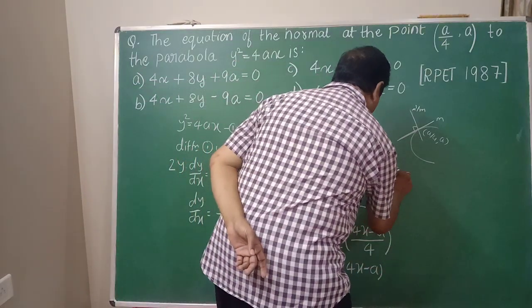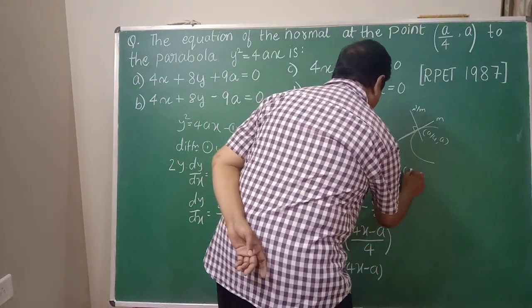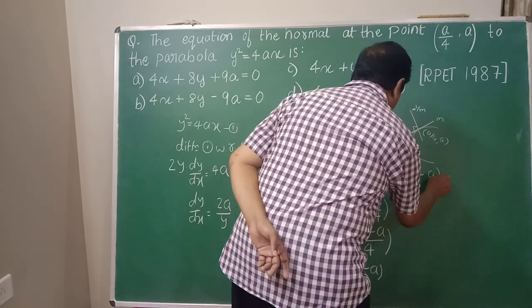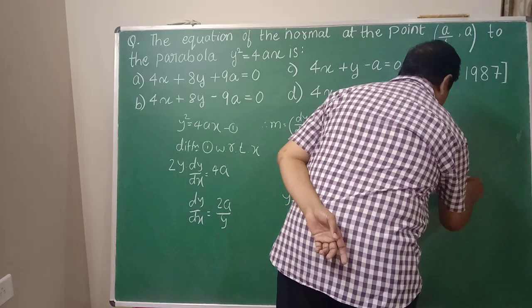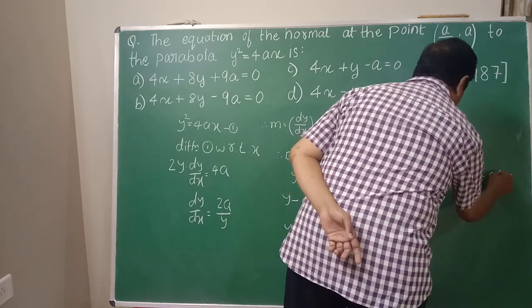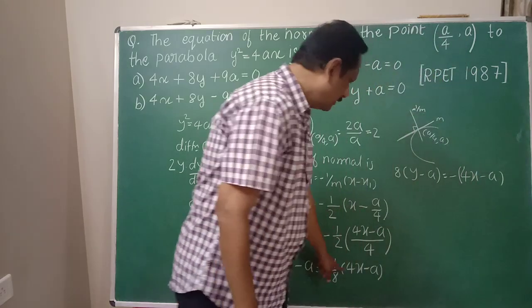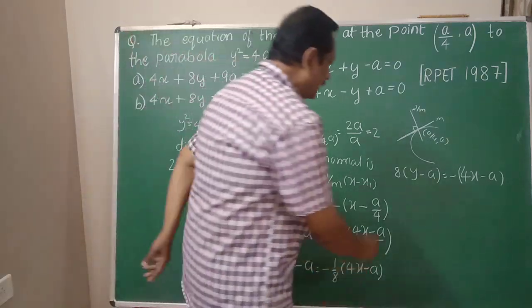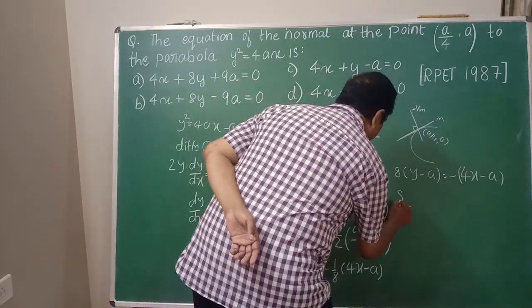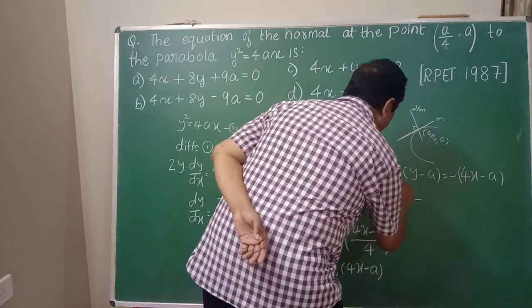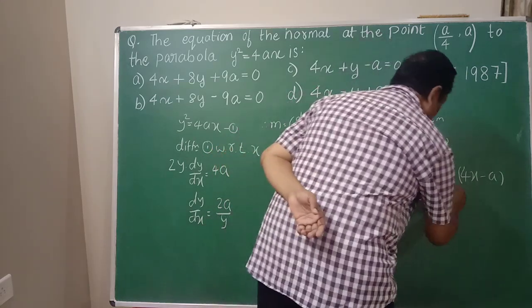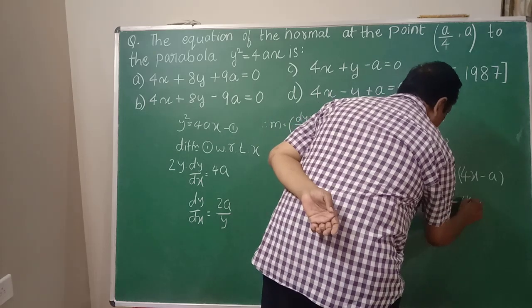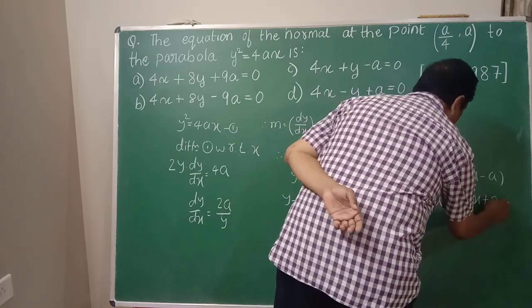Therefore 8 into bracket y minus a is equal to minus 4x plus a. Then take 8 inside the bracket: 8y minus 8a is equal to minus 4x plus a.